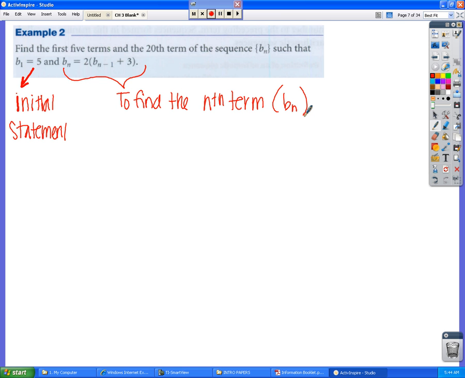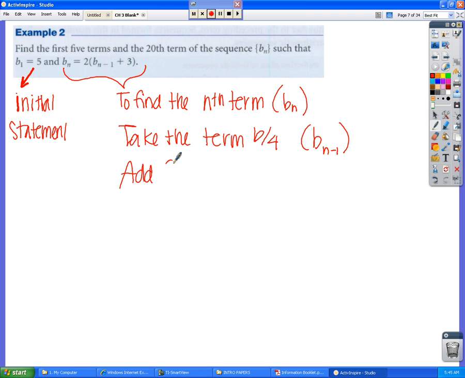We're going to start from the inside of the parentheses. It says take the term before, which is b sub n minus 1, add 3, and then we're going to multiply by 2. In this order.